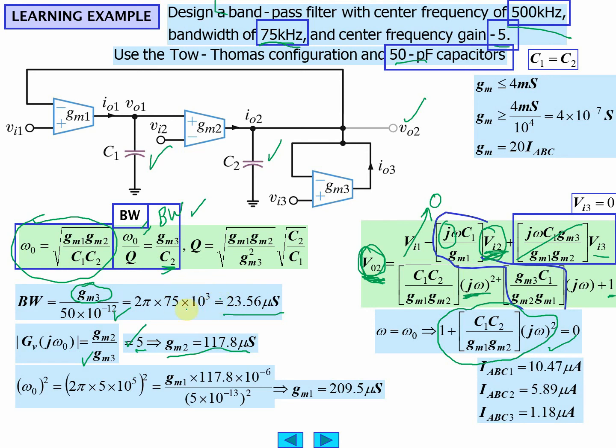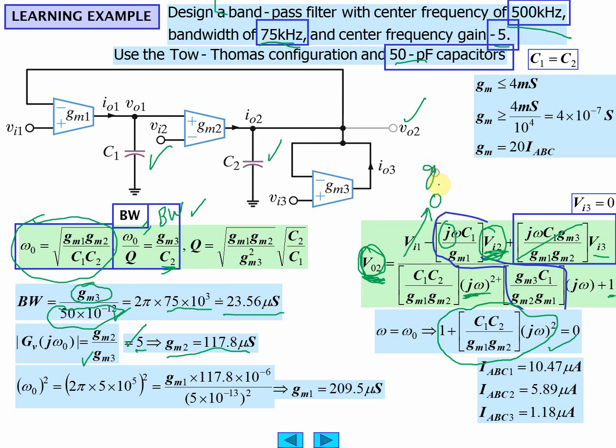That's your bandwidth. And when you multiply it by the 2 pi, so we got an implication. GM3 equals the bandwidth times the capacitor.